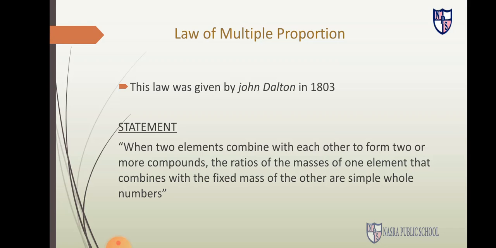However, the mass of the other element is changed or different. So the ratios of the masses of that element whose mass is not fixed are in simple small whole numbers.